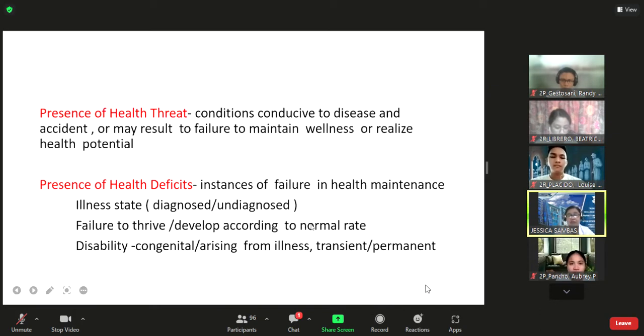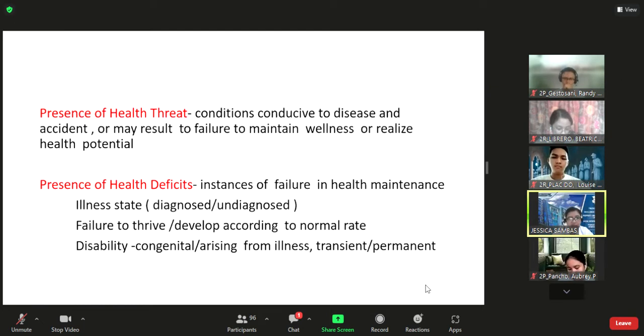Kahit hindi po siya diagnosed, sabihin na lang natin, inubo, may ubo yung dalawang anak. Cough is already considered as health deficit. Kahit hindi na-diagnose kung pneumonia ba, upper respiratory tract infection ba, or systemic viral infection ba, whatsoever, wala pang diagnosis. Pero the fact na inuubo, may lagnat, yan po ay considered na po na health deficit.